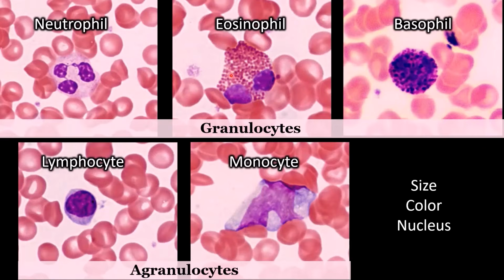Eosinophil usually has 2 circular nuclei. Basophils are generally stained so dark purple you can't even see their nucleus. Lymphocytes will have just the 1 circular, and the monocyte, sometimes it's a kidney bean, sometimes it's kind of like a thick horseshoe, but it's a large, chunky, irregular nucleus of some kind.